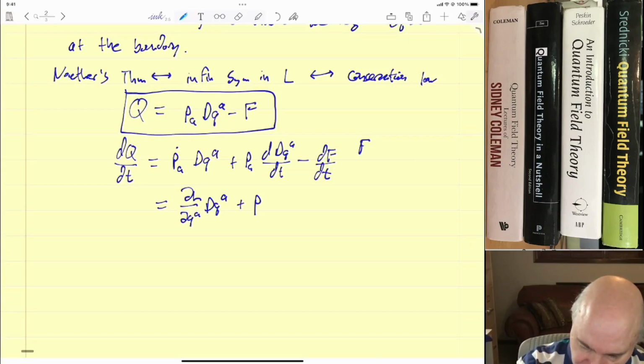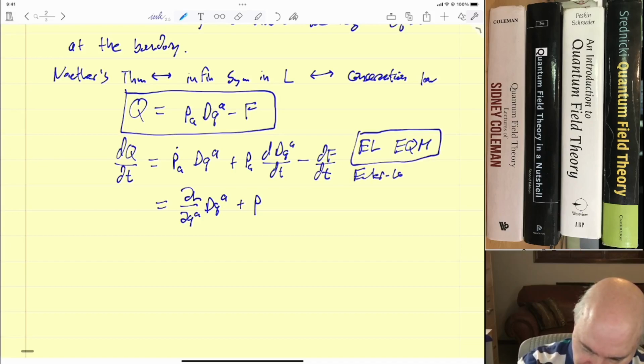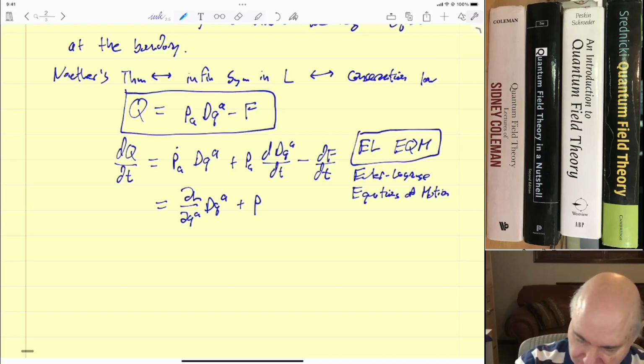We have from the Euler-Lagrange equations of motion that d/dt of the partial of L with respect to Q dot A minus the partial of L with respect to QA equals 0.